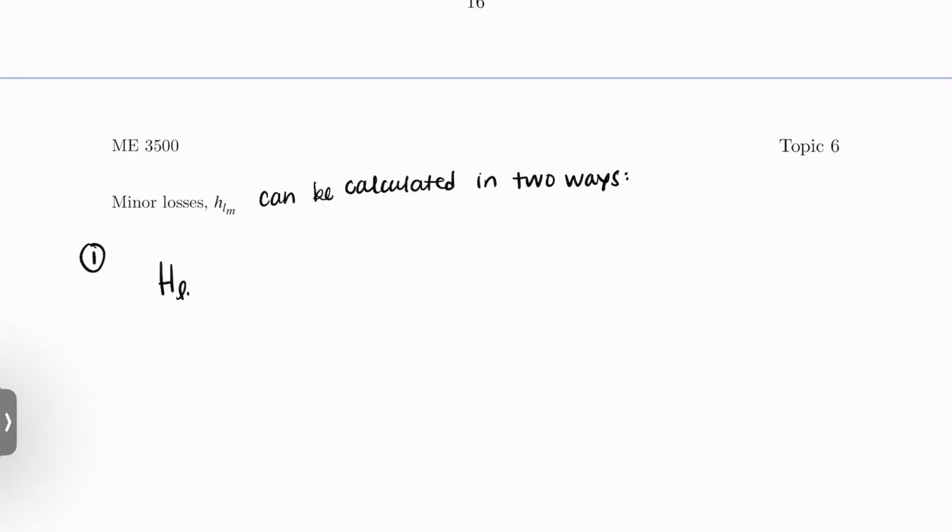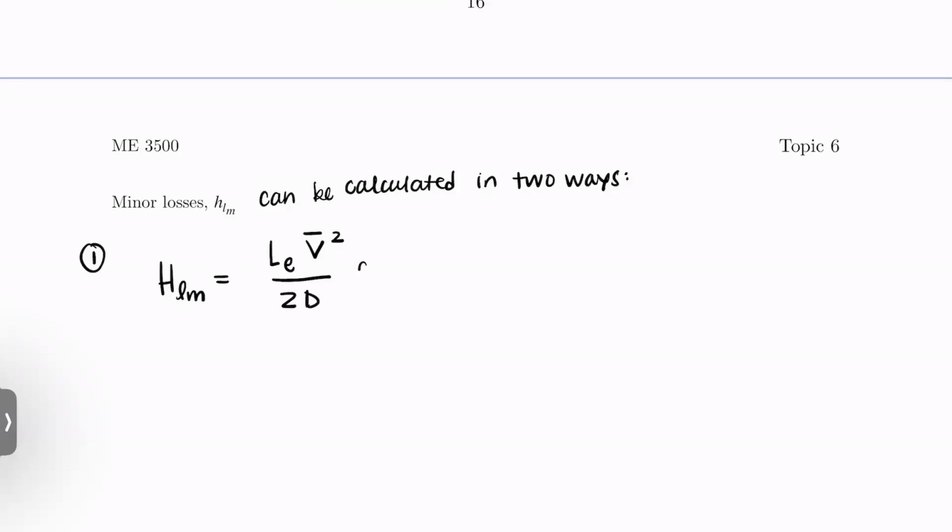So our minor losses will use this equivalent length, the average velocity squared over 2D times f. And this is very similar to the Darcy-Weisbach equation from our major losses.